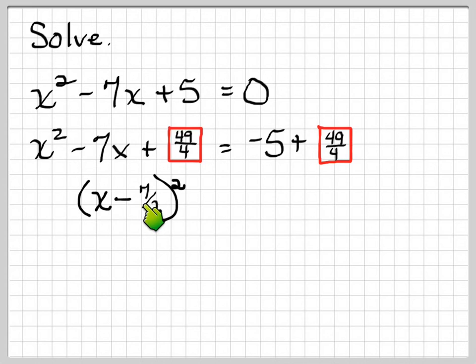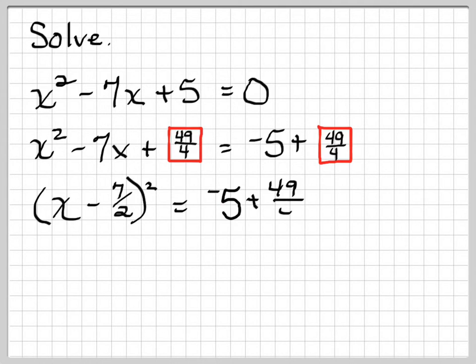This now factors to this. And this over here, if we make that -5 a -20 over 4, combine those two together. Now we're ready to solve this quadratic equation.